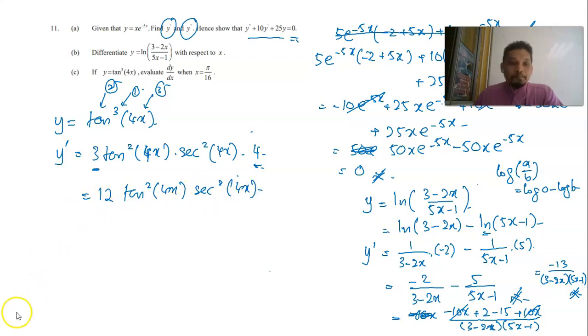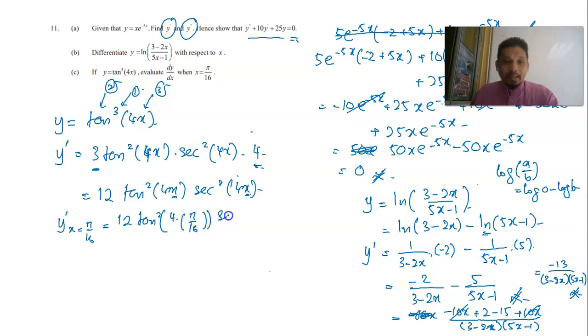Okay, now substitute x with pi over 16 and also here. So then y prime when x equal to pi over 16 equal to 12 tangent square 4 times pi over 16 and secant square 4 times pi over 16.